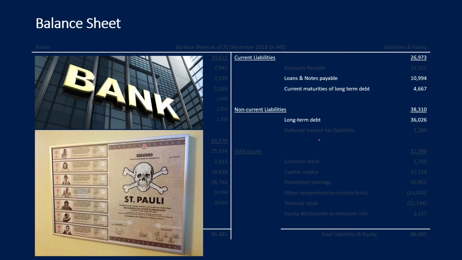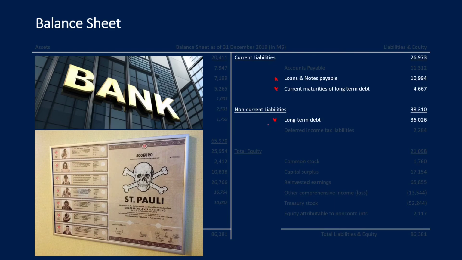And the liabilities part is split into current liabilities and non-current liabilities. We already know the accounts payables. That is typically operating business, but we see three items here, here, and here.